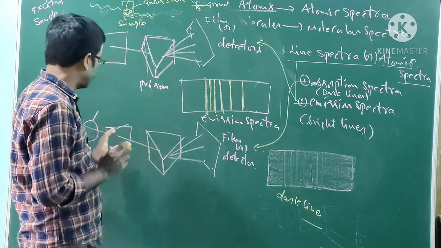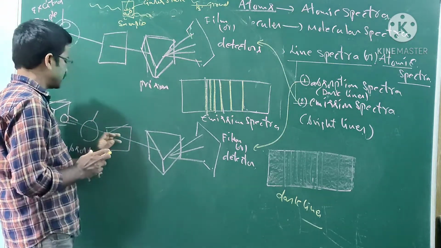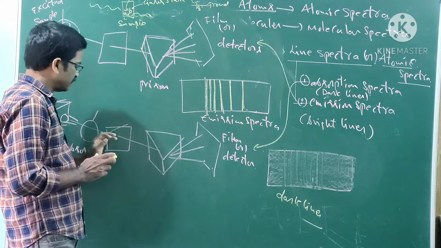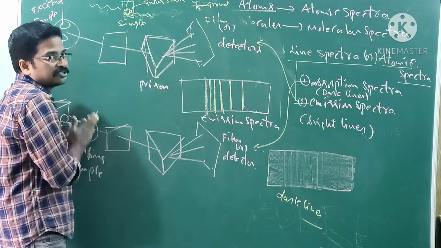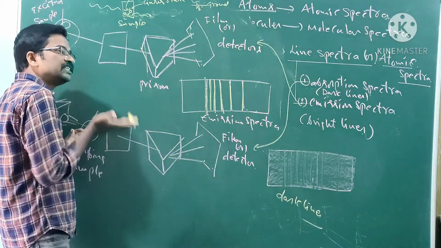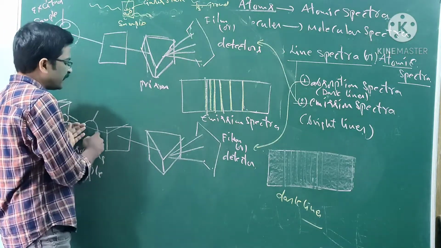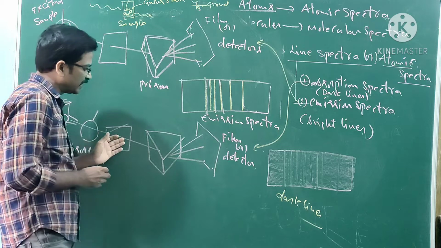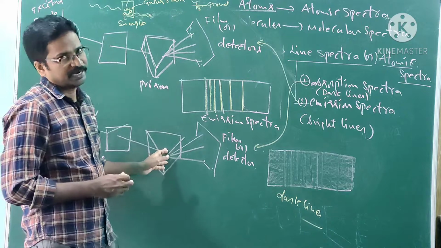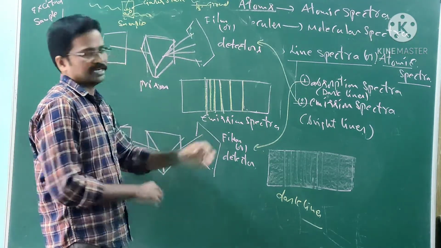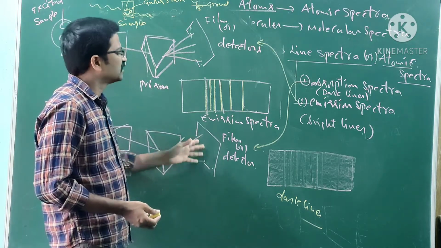So after coming out of the sample, some of the energies in the electromagnetic radiation are missing, because atoms utilized that energy. The remaining electromagnetic energy comes out of the sample, is projected on the prism, and is split into 7 colors, which contain lesser energy.